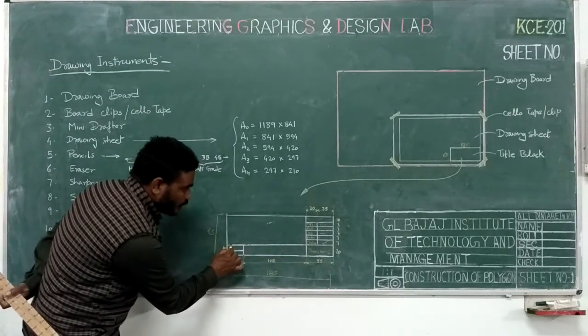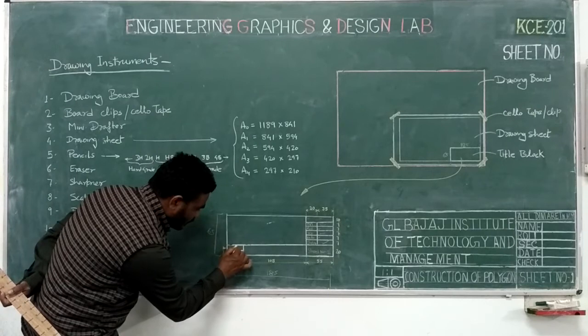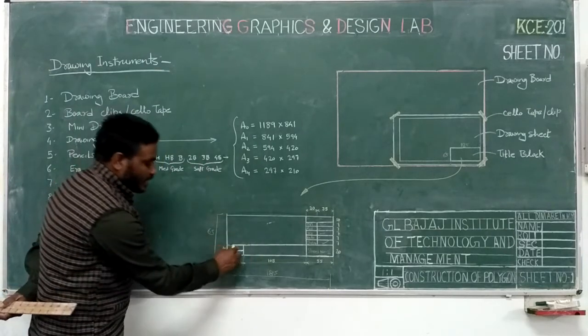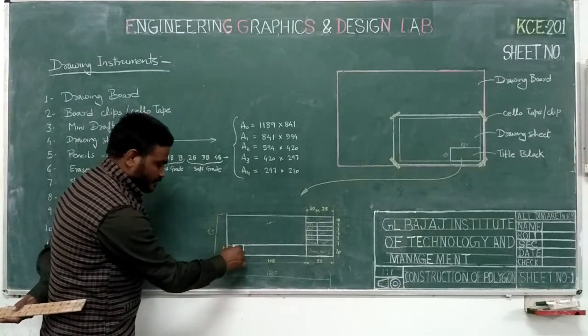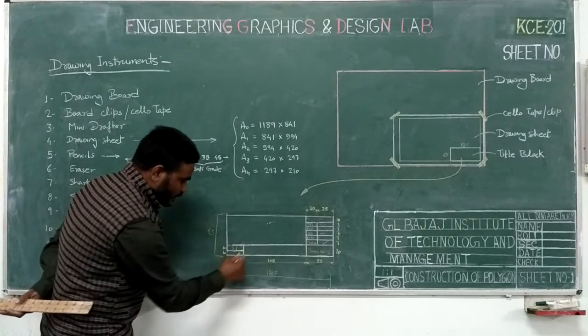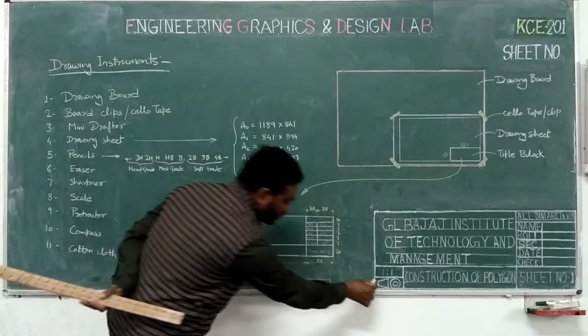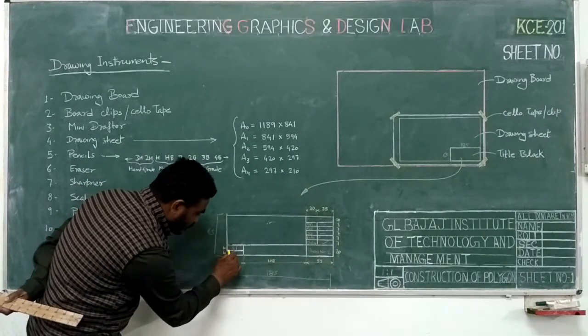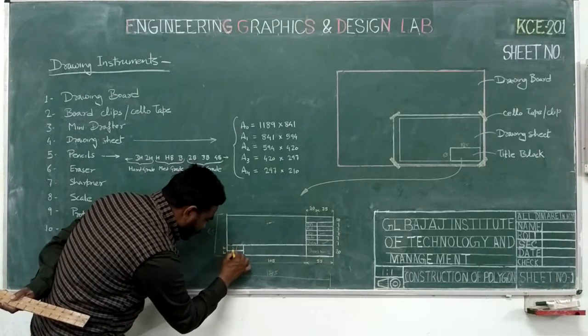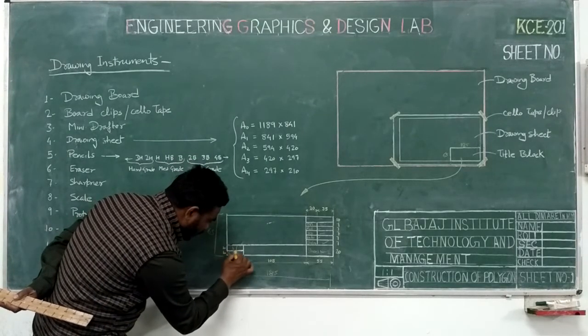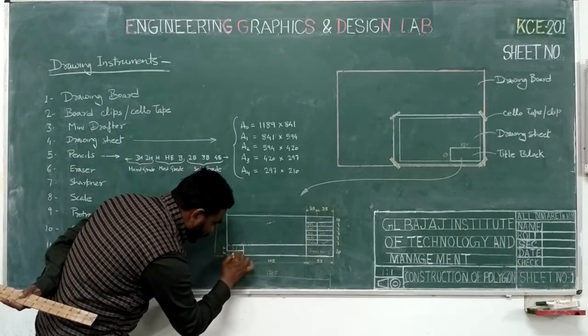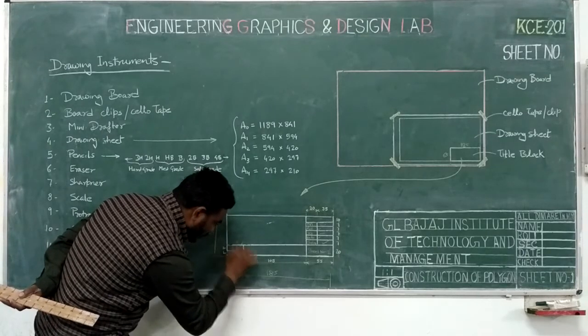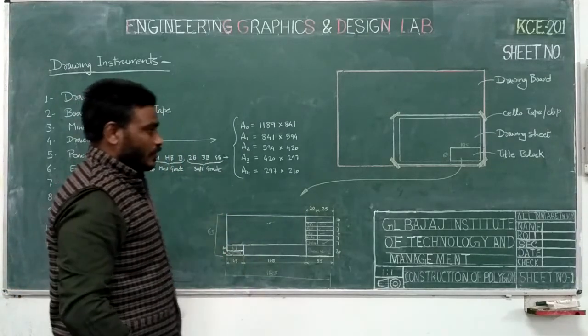And here you have to write 1:1. This is scale, we will discuss it later on. And here in this block, you have to draw a first angle projection symbol. How it came and why we have to draw it here, we will discuss later.